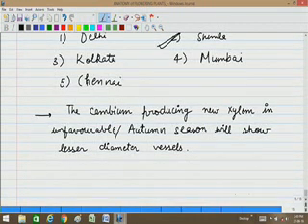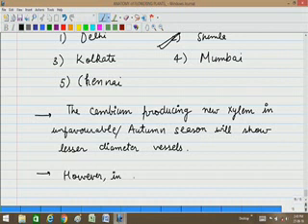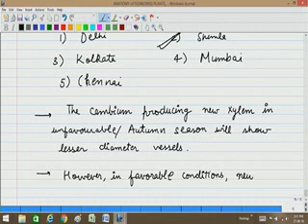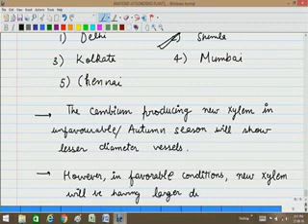However, in favorable conditions, the new xylem will have larger diameter vessels.